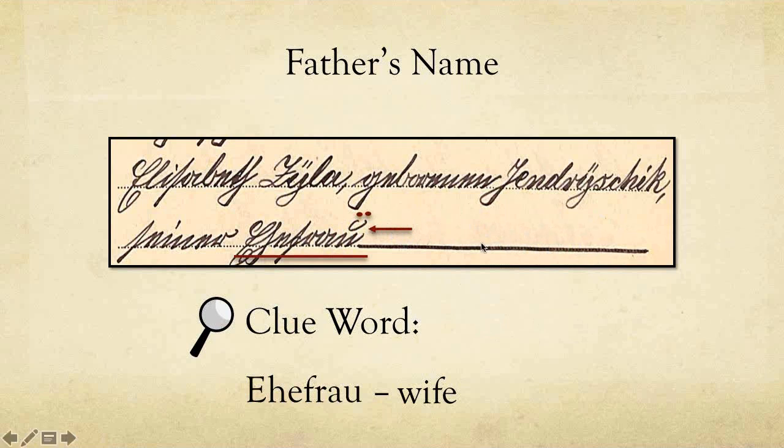So if there is a name here after Ehefrau, that will be the husband. If there is nothing after Ehefrau, very, very likely that the father, the husband, was that name we already deciphered at the top, the person who came and reported the birth. So our husband was our painter from the very beginning, Johann Zula.